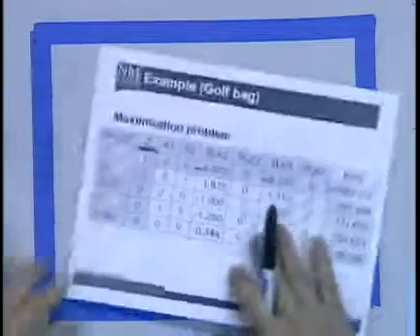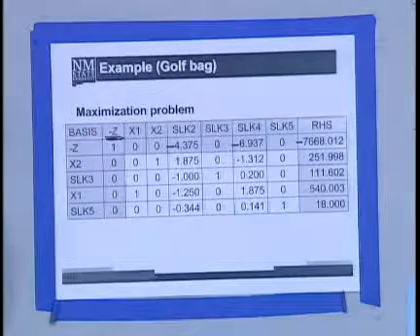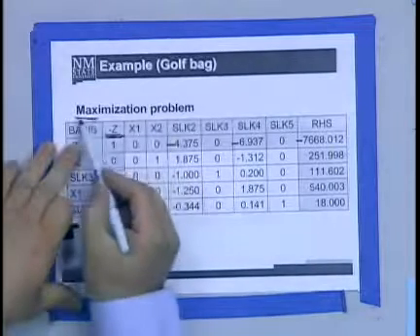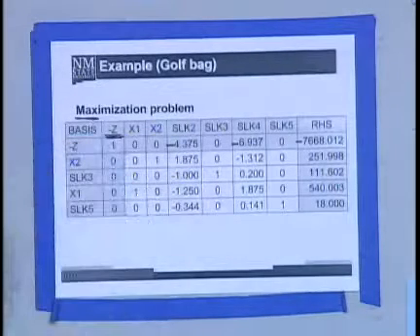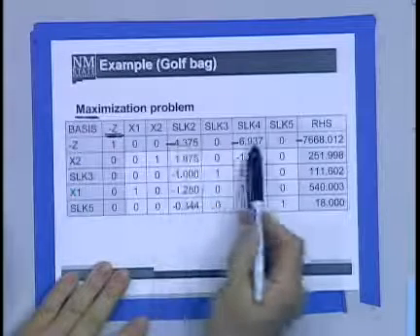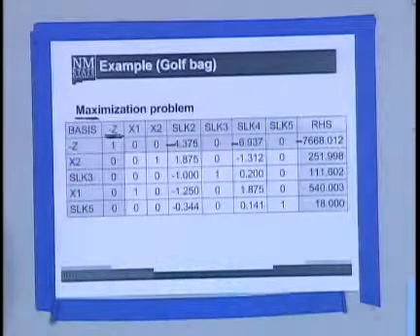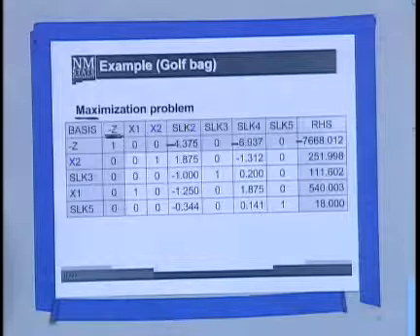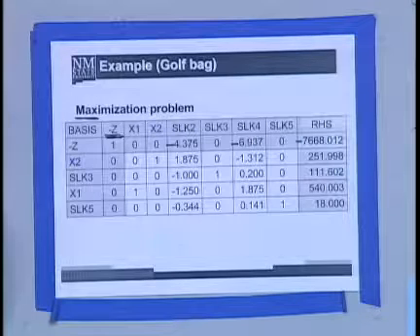Okay, then let me ask you, is this optimal Tableau? We are dealing with a maximization problem, right? So there is no positive relative profit, right? So this is an optimal Tableau, right?